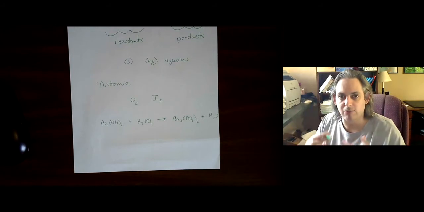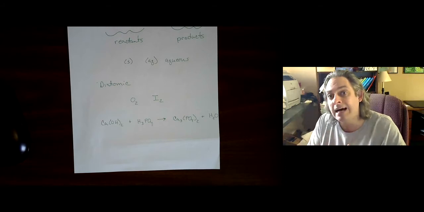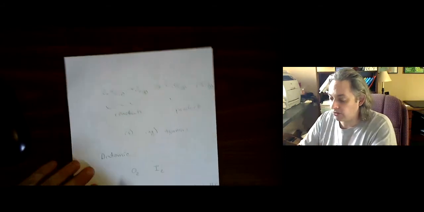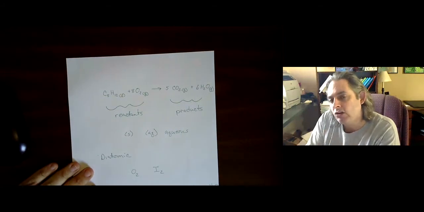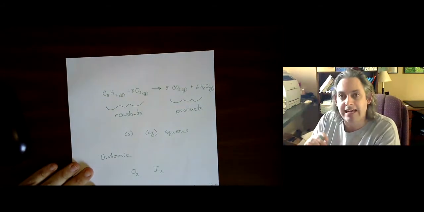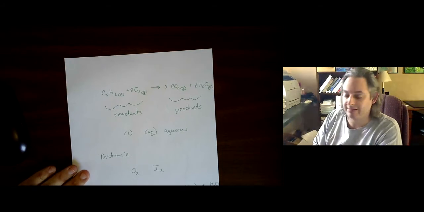Also, if you ever come across a reaction that has an element all by itself, for example, oxygen all by itself, you wait and do oxygen last. You hold off to the very end to balance the element that's all by itself.